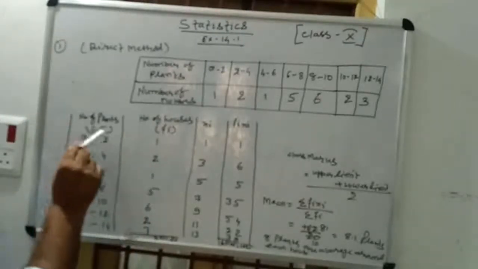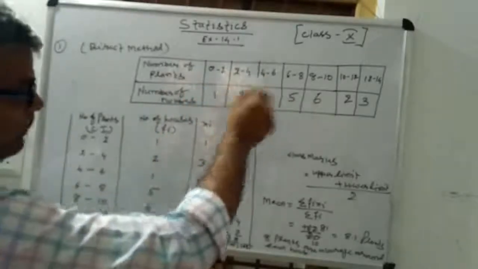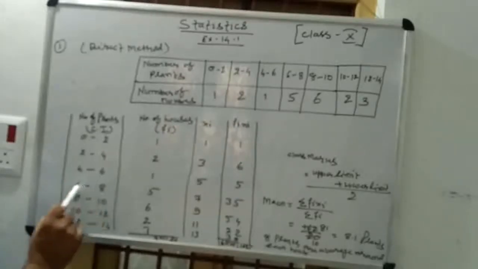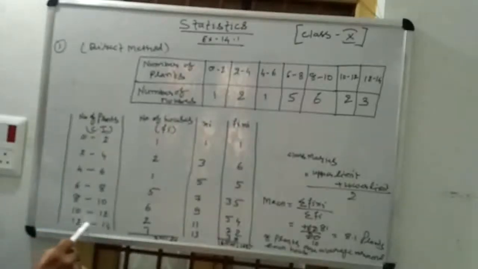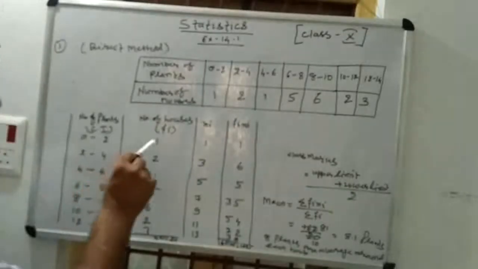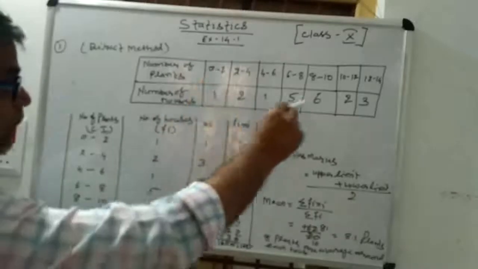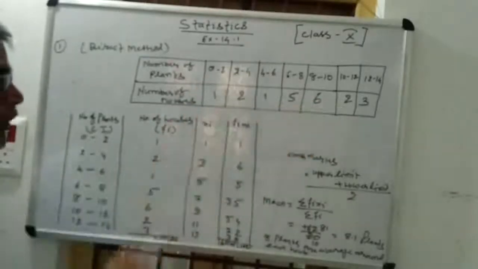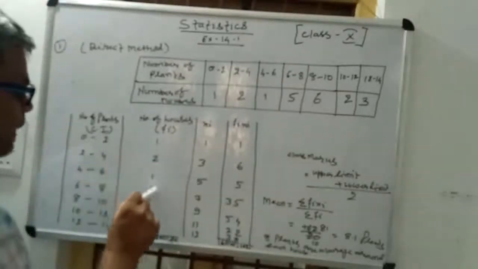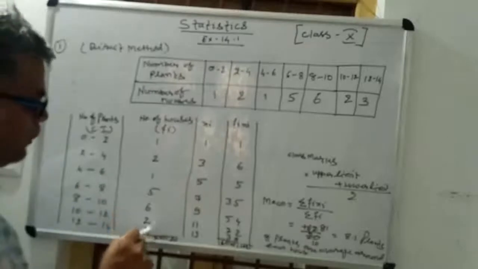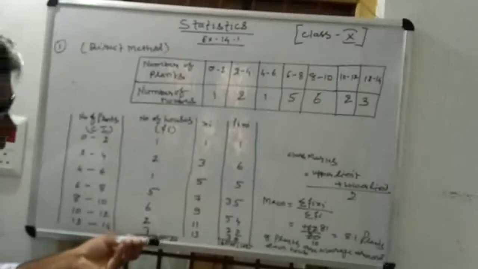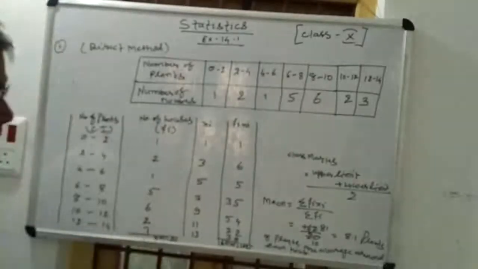On the left side we retain the class interval or grouped data. So 0 to 2, 2 to 4, 4 to 6, 6 to 8, 8 to 10, 10 to 12, and 12 to 14. Now we retain their corresponding frequencies, which are given in the form of number of houses: 1, 2, 1, 5, 6, 2, 3. And when we find the sum of all the frequencies, we get sigma Fi equals 20.